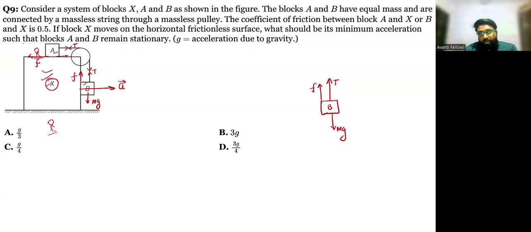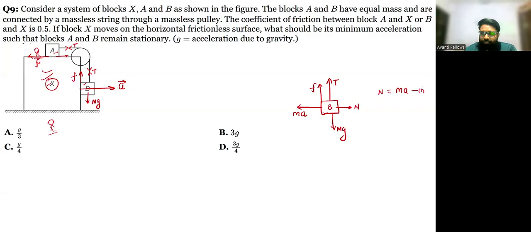Now this block X is moving in the forward direction. So there is a pseudo force acting on this block B in the opposite direction of the movement of X, and that is nothing but the mass of this block B times the acceleration of the system. Opposite to that, the normal reaction will be developed. So we can say here that N is equal to ma. This is equation 1.